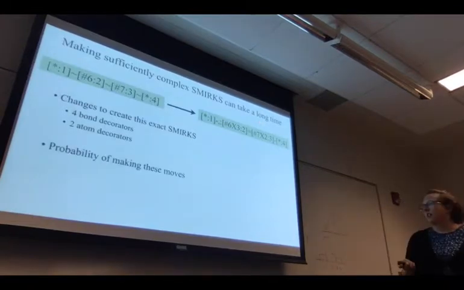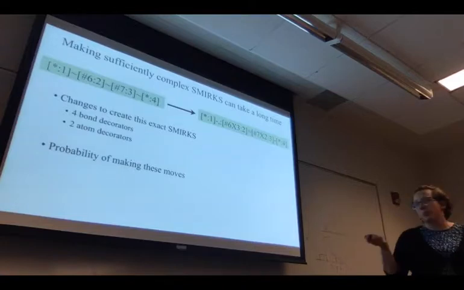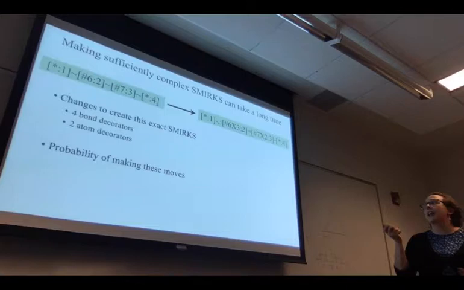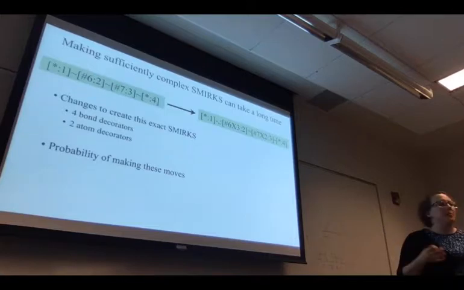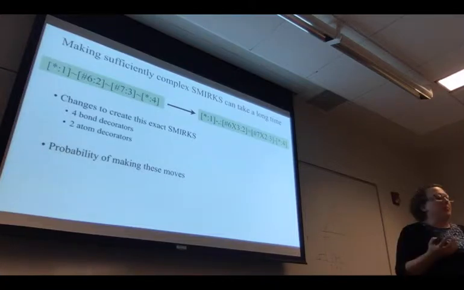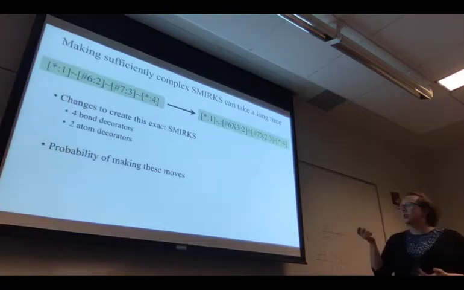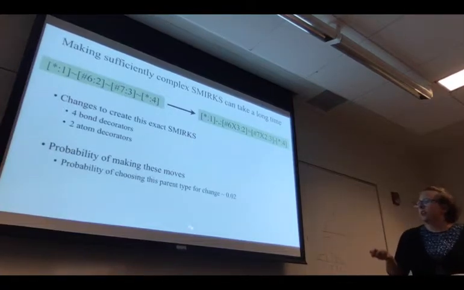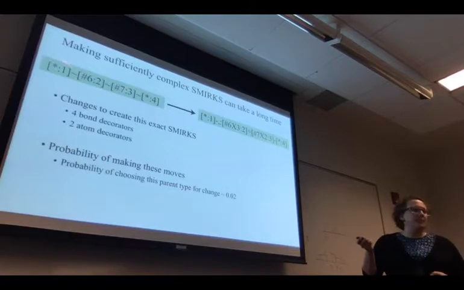Okay. So just to look at the probability of creating any one of those steps. This is looking at generating this SMIRKS pattern exactly, which isn't necessarily what we need to do. We need to be able to generate chemical complexity. In theory we might be able to find a SMIRKS pattern that's equivalent but not identical. But assuming we want to find the identical one, you have to take into account the probability of picking this parent to generate a new child from.